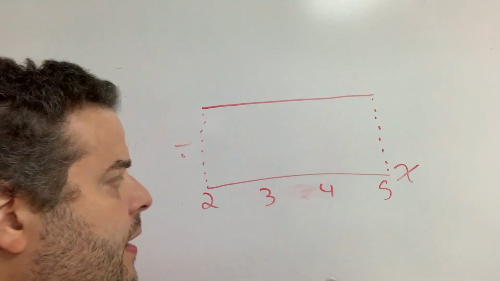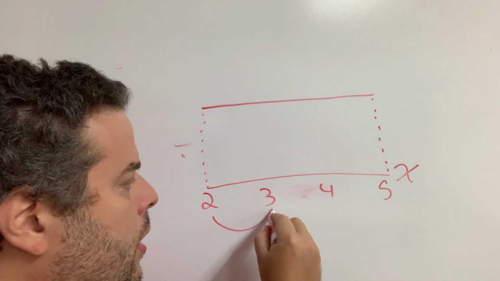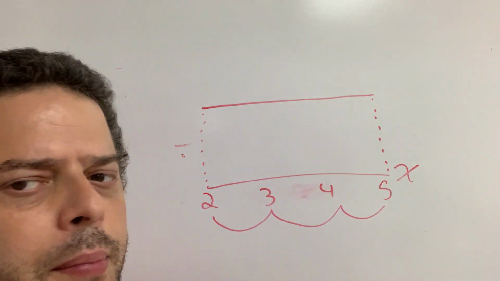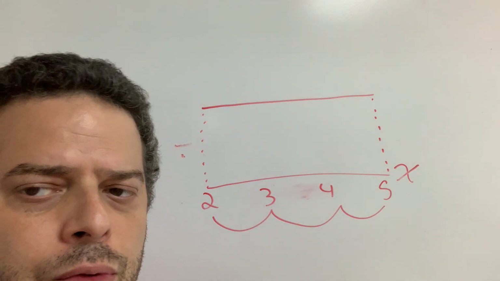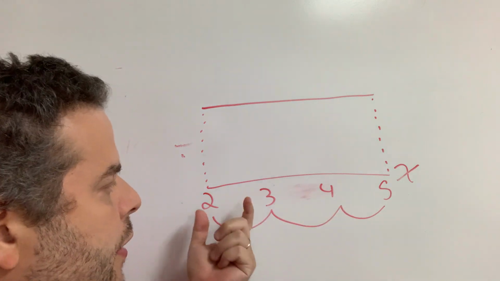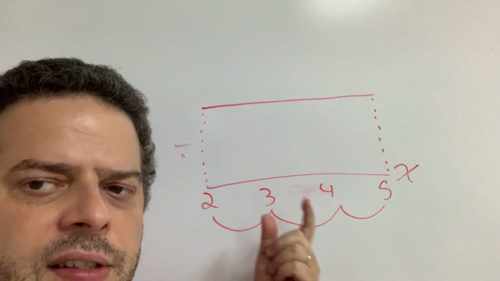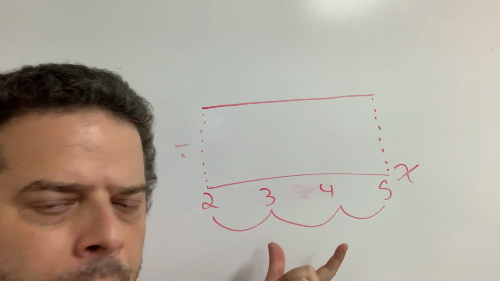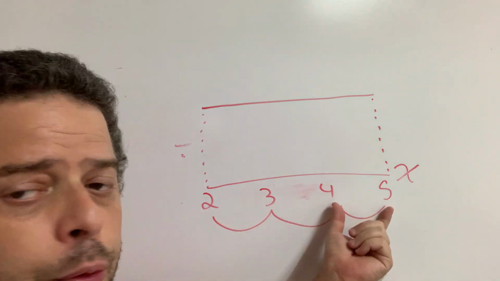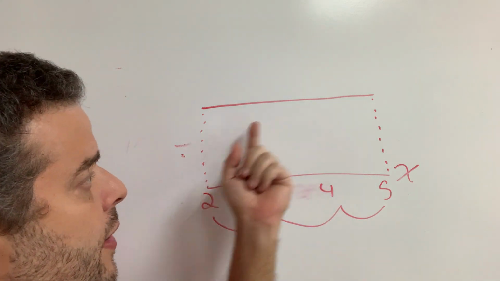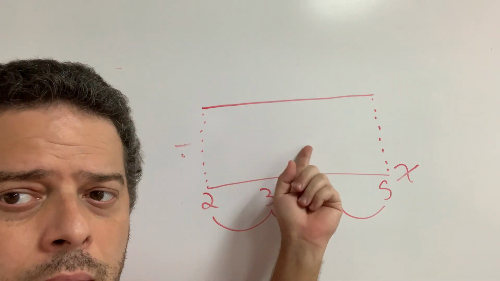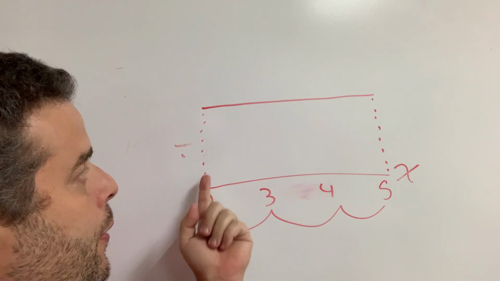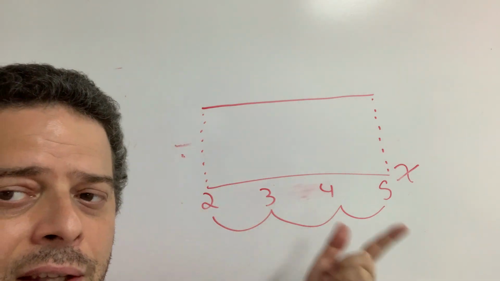So if you just count, I have 1, 2, 3 values. Even though there are 4 numbers, there are 3 intervals of data contained within this particular graph. So if there are 3 and the area has to be 1, what number do I put as the height to end up with a 1?